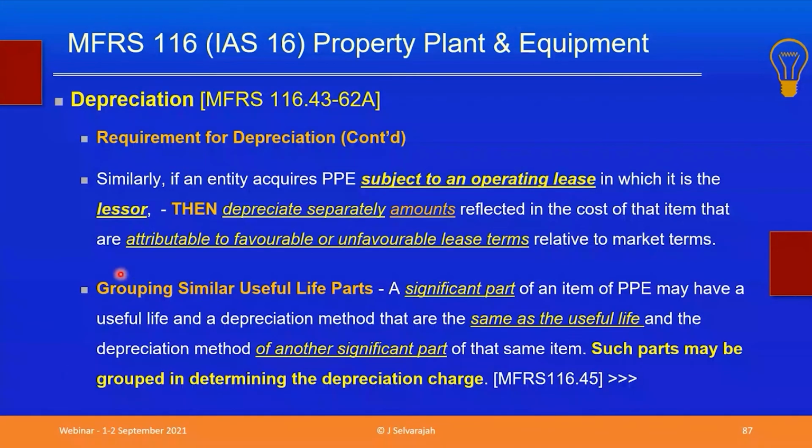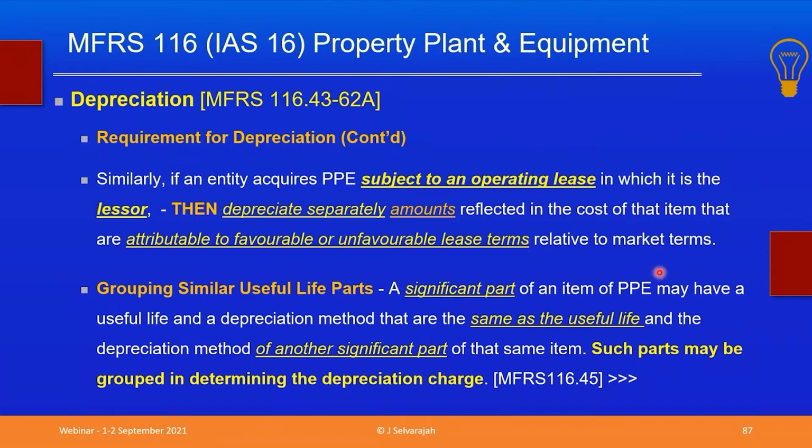So I'm talking about the lessor's books now. If an entity acquires a PPE subject to an operating lease in which it is the lessor, then you must depreciate separately amounts reflected in the cost of the item that are attributable to favorable and unfavorable lease terms relative to market terms.